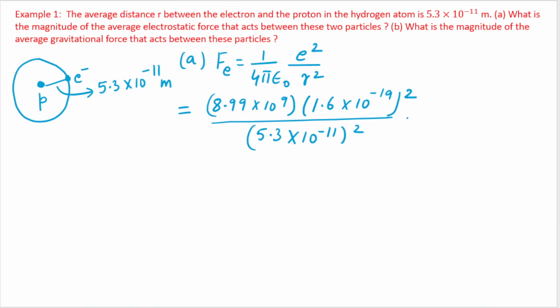If we simplify using a calculator, we get a force of 0.2 into 10 to the power minus 8 Newton.